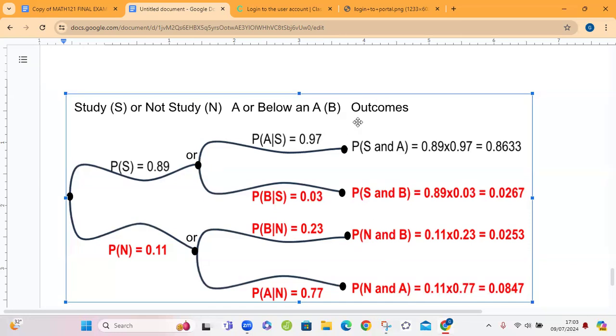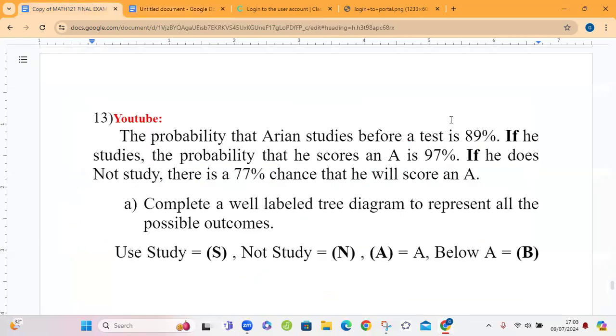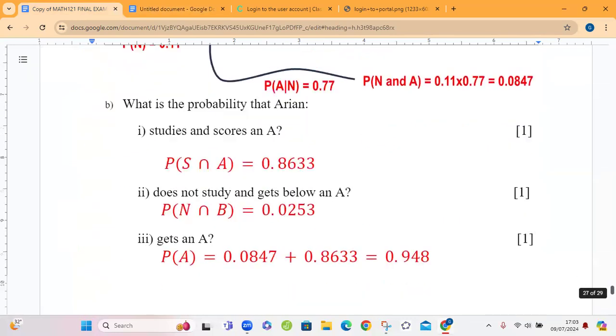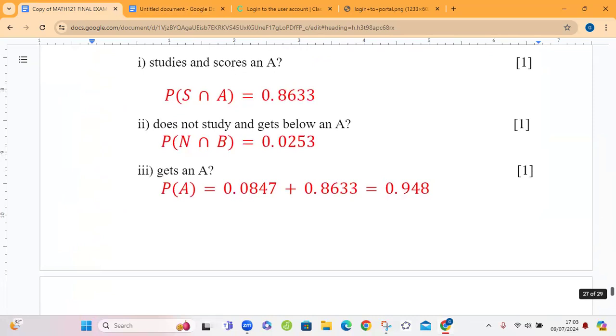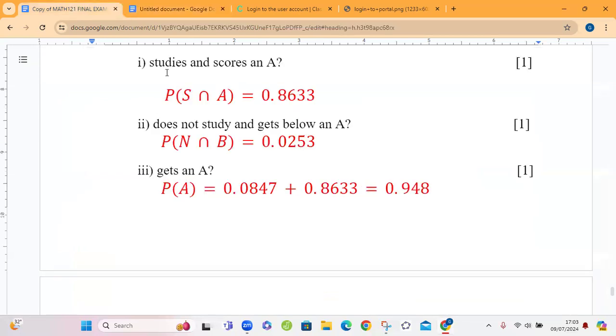So here's the probability tree diagram explained, and some follow-up questions are posed from it. To answer the follow-up questions, you must use the outcome values. For example, what is the probability of him studying and scoring an A?